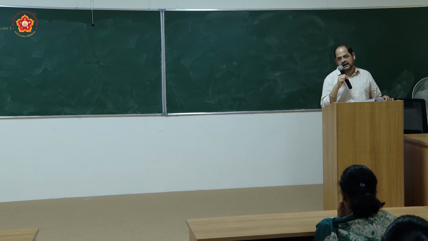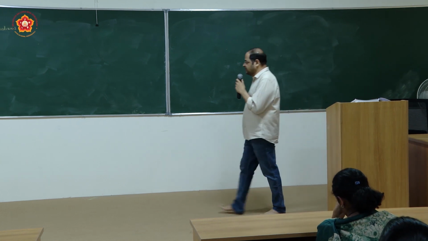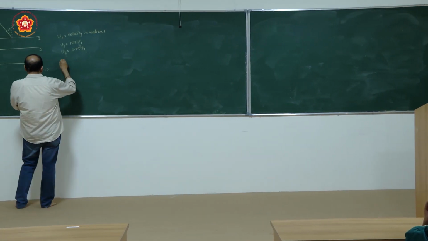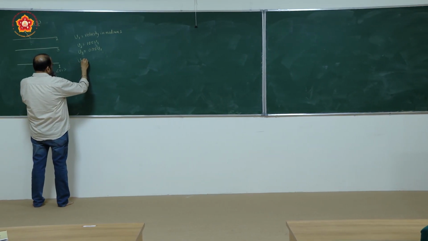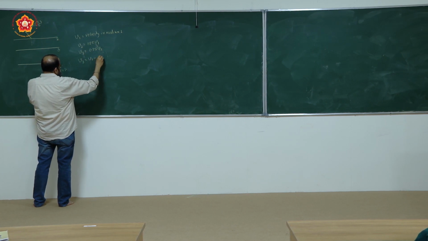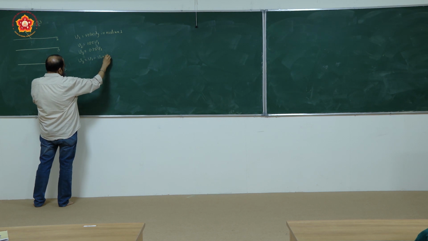Now, if you can write it down in that manner, that is not a problem, but it increases the time. You can rewrite this as V3 is equal to V1 minus V1 into 25 divided by 100.